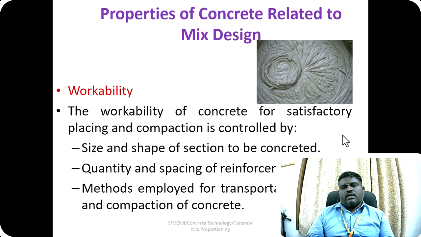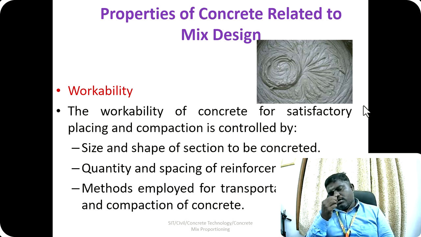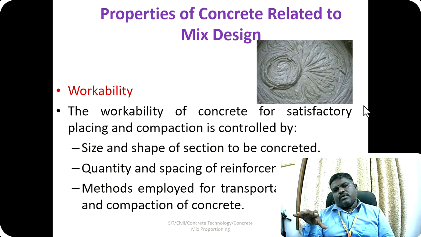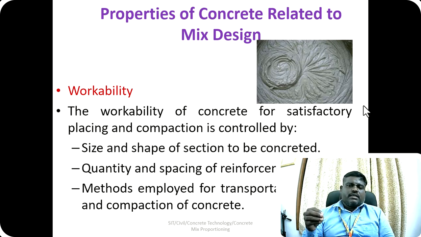So here, what the three points are saying is, if we want to make a concrete with a rectangular section or a circular section or elliptical section, then based on the size and shape of the section, the workability is decided. If we are making a concrete for a simple rectangular section, then the workability may be lesser.